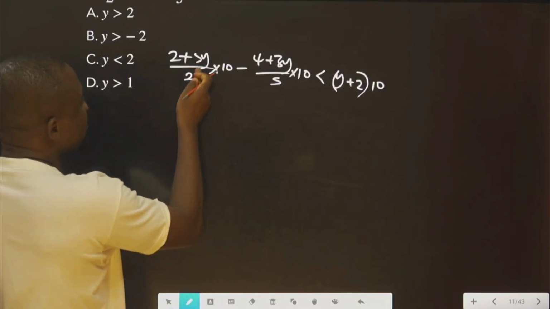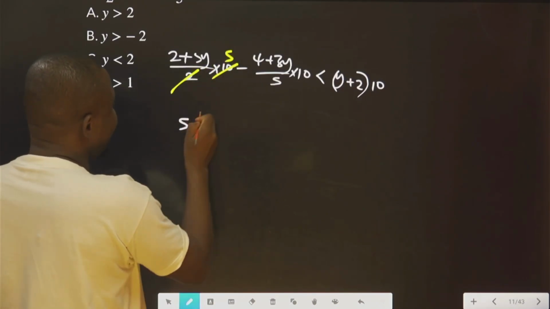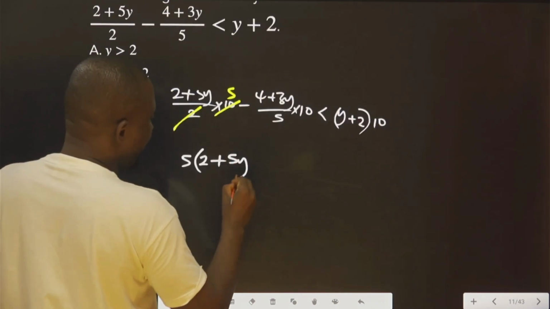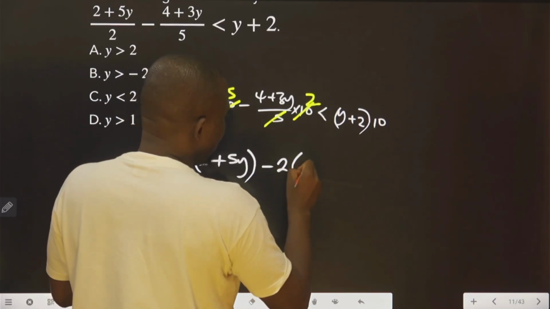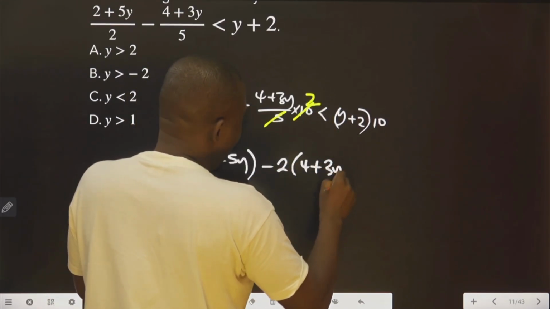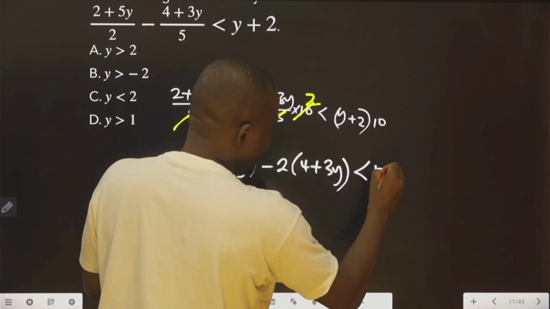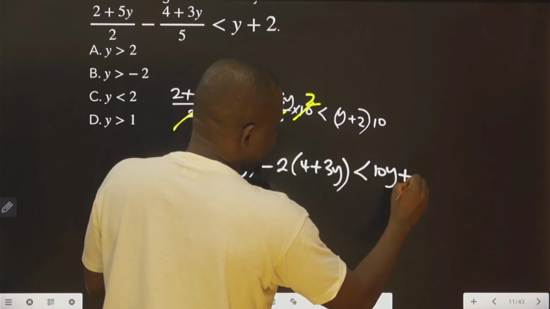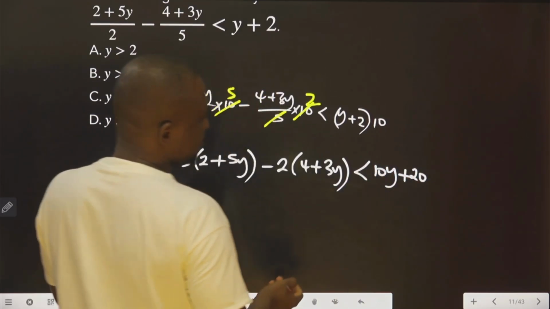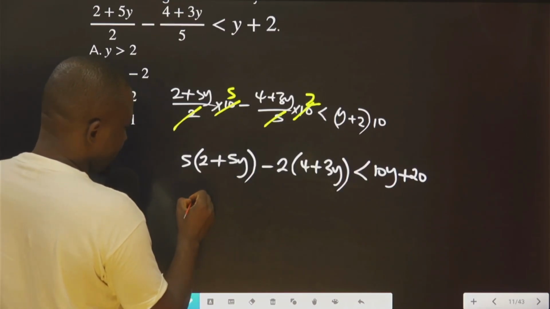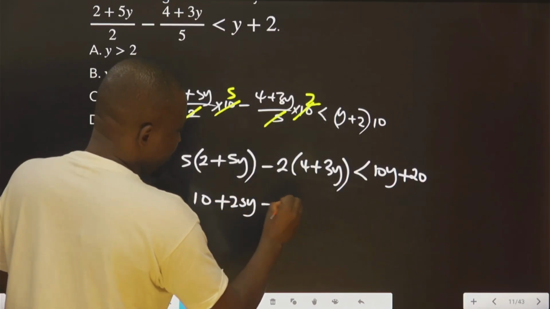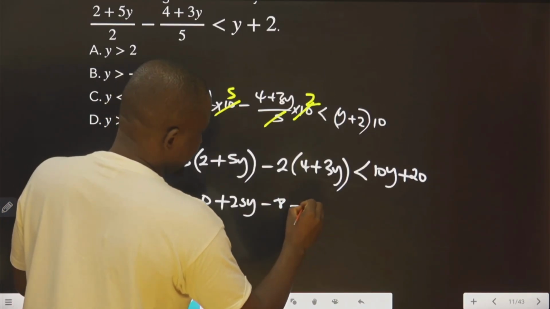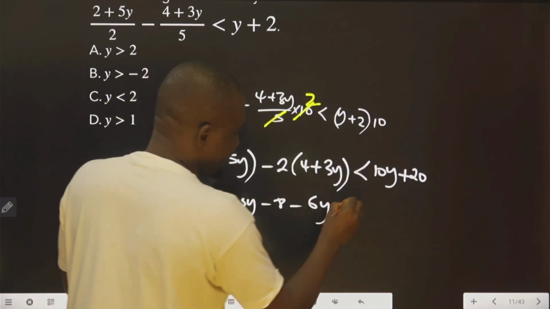Okay? This will give us 5, that is 5 times 2 plus 5y. This will give us 2, that is 2 times 4 plus 3y. This will give us 10y plus 20. Okay? This is 10 plus 25y minus 8 minus 6y.